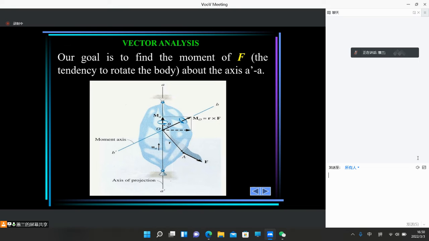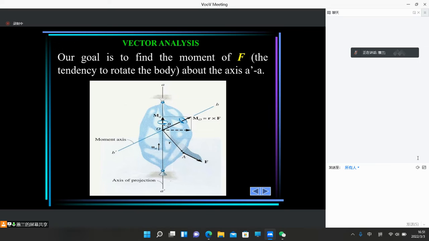We introduced the dot product in two ways. Dot product can be used to find the angle between two vectors. Dot product can also be used to find the projection of a vector along any axis. This is what we have introduced about the dot product before.